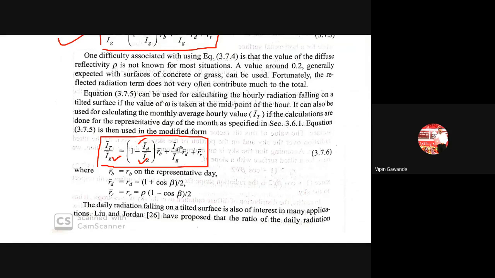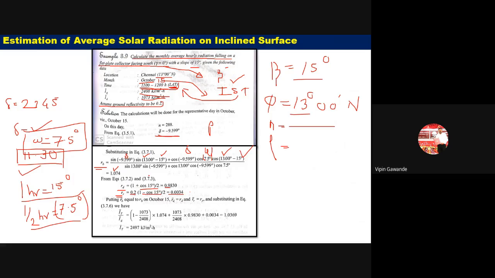ID and IG are given in the problem, and we have to calculate the value of IT. So put everything in this formula and calculate the value of IT.